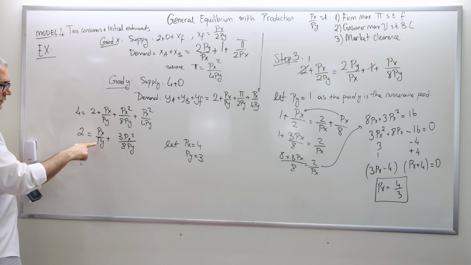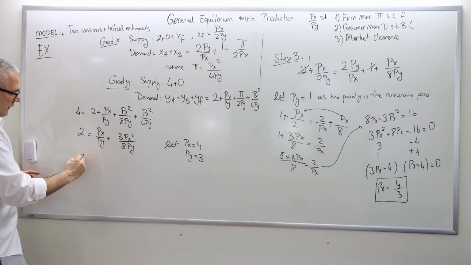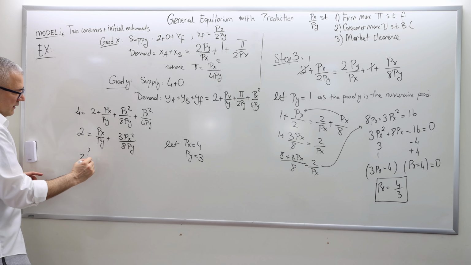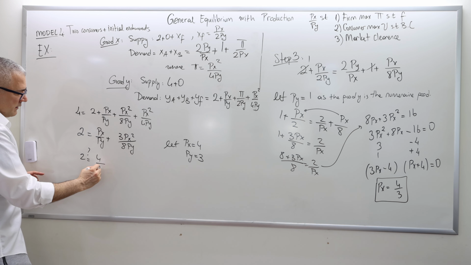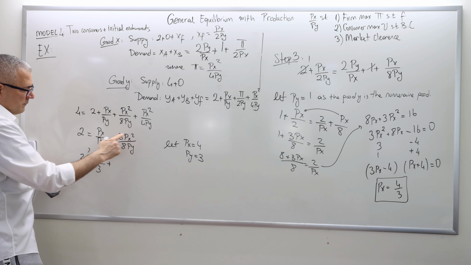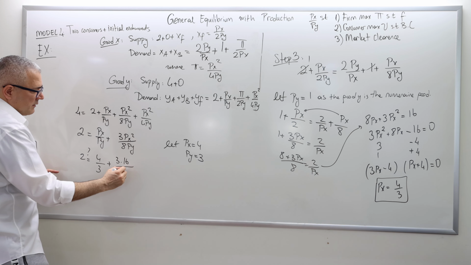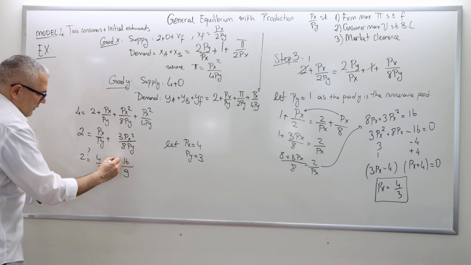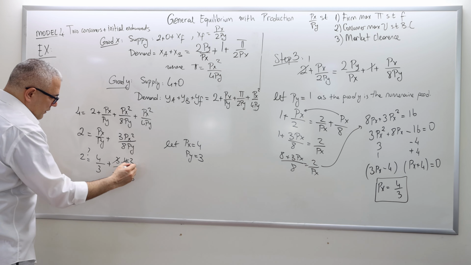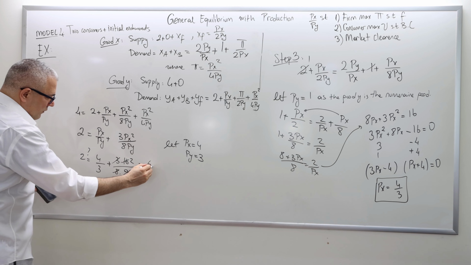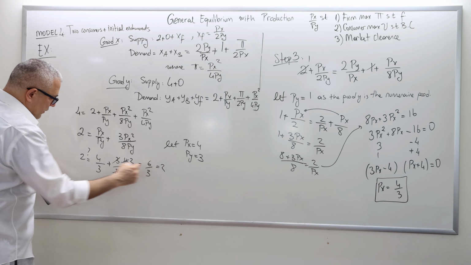If you do that, 2 equals, well, let's see, PX over PY plus 3 times 16 divided by 8 times 9. So this is 3, this is 2. So this is 6 over 3, and it's equal to 2.